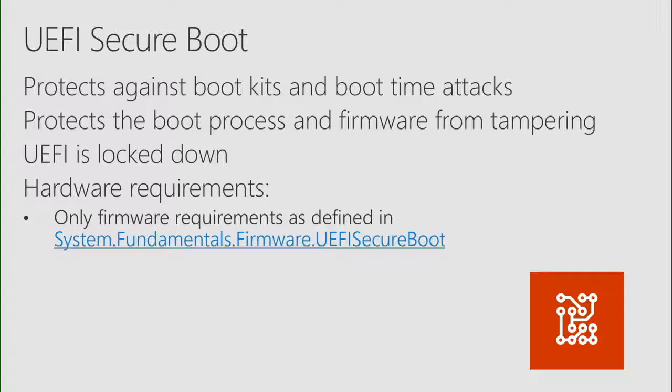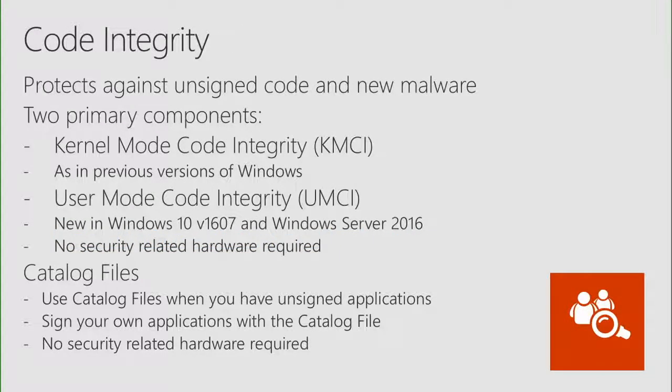So as I said, Device Guard starts with booting your system, booting from trusted hardware, using UEFI Secure Boot. The UEFI is locked down and provided with signed software before your system is able to boot. And then the code integrity comes in place, and this is actually what Device Guard is all about.